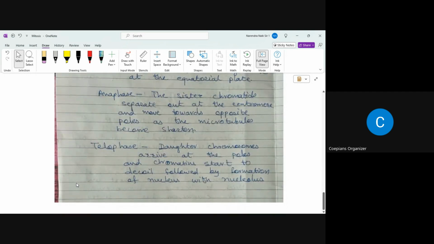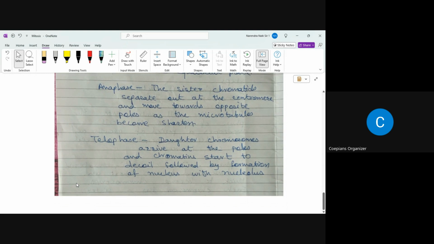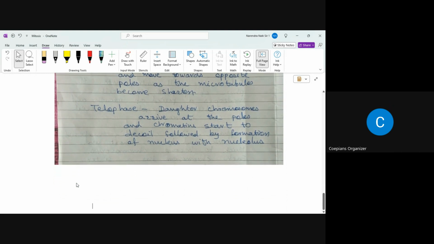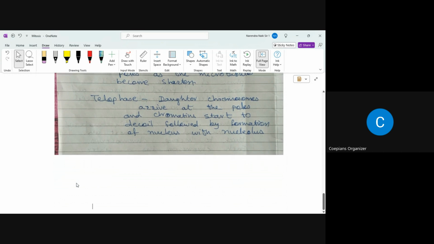Anaphase: the sister chromatids separate at the centromere and move towards opposite poles as the microtubules become shortened. Telophase, the last phase of karyokinesis: daughter chromosomes arrive at the poles and the chromatin starts to decoil, followed by formation of the nucleus with nucleolus. So now two identical daughter cells are formed in this mitosis.